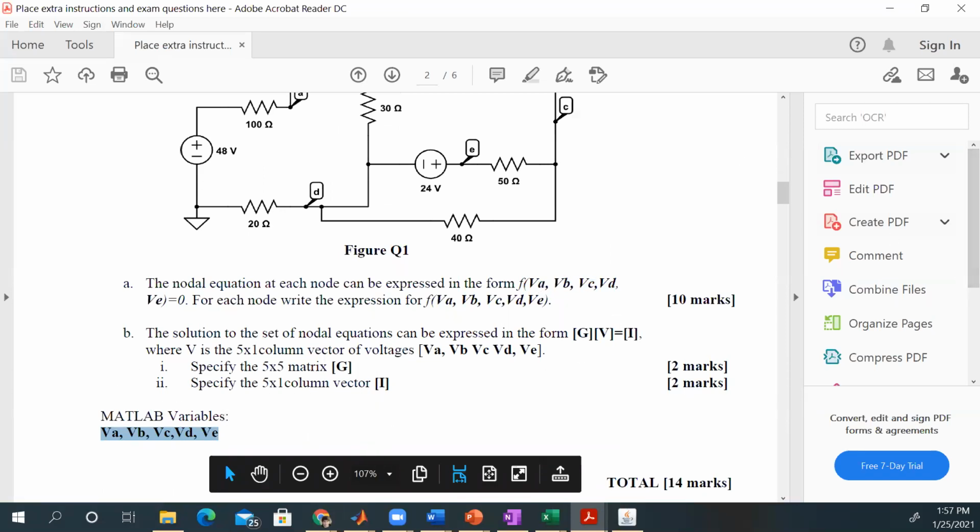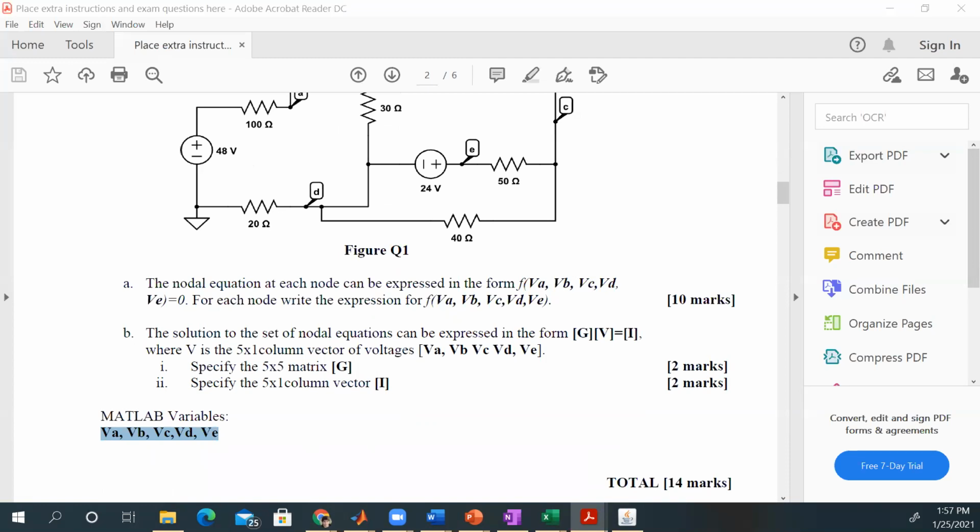So then you would see in the solution sheet, let me see when that solution sheet comes up. Okay, the solution sheet is not loading.